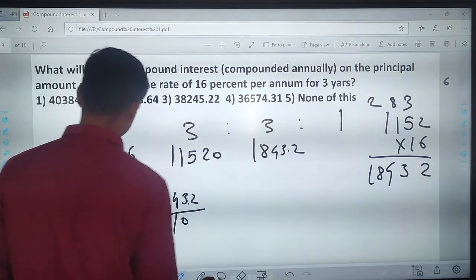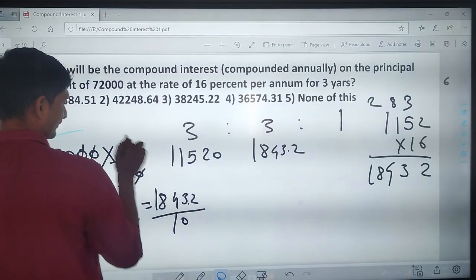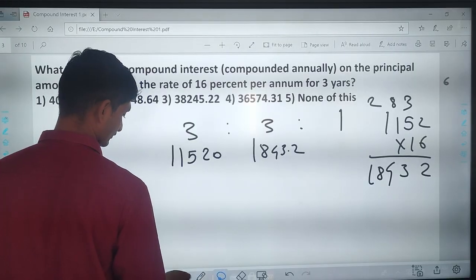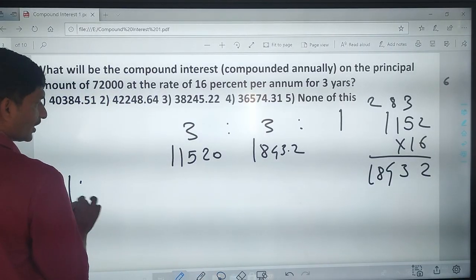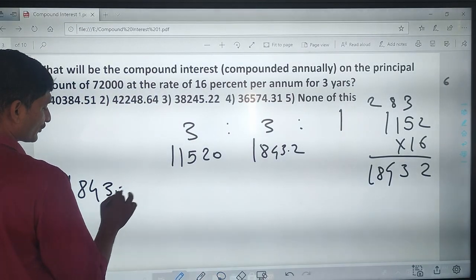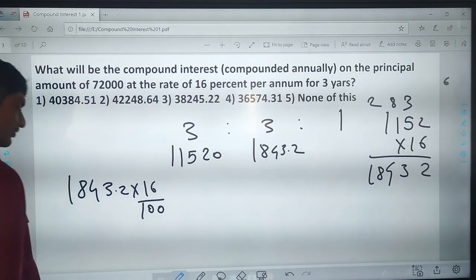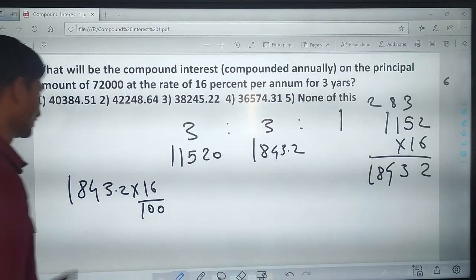Now we take 16% of this value. Then 1843.2 into 16 divided by 100. Now here we take the calculation.